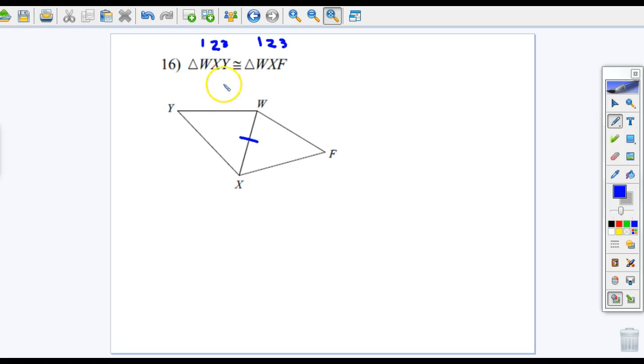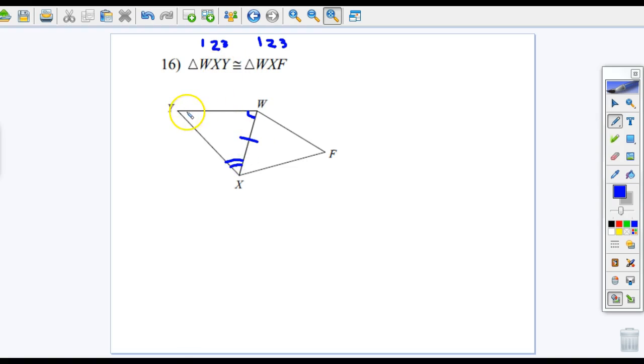But let's go ahead and mark what we're doing. So we have WXY. My W angle has to be only the section that is inside this triangle. I don't want to go out into the other triangle. X is my second angle, so that'll get 2.